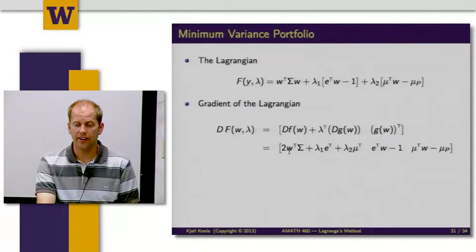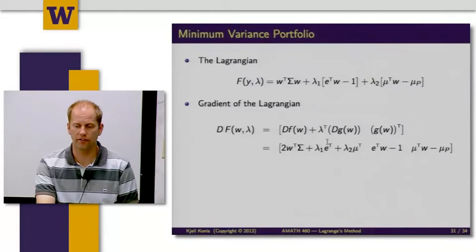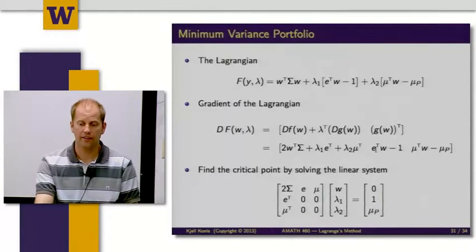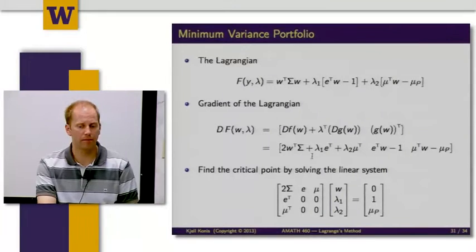And I need to find values now of w, lambda 1, and lambda 2 that are going to make this equal to 0. And it turns out you can write that problem down just as solving a linear system. So I have 2 sigma times w.